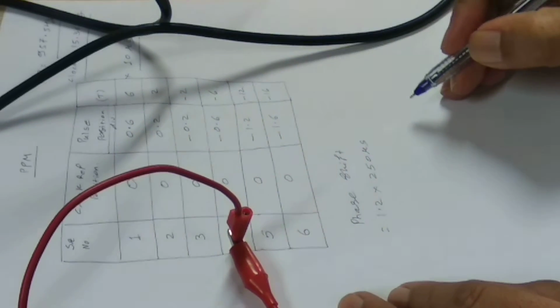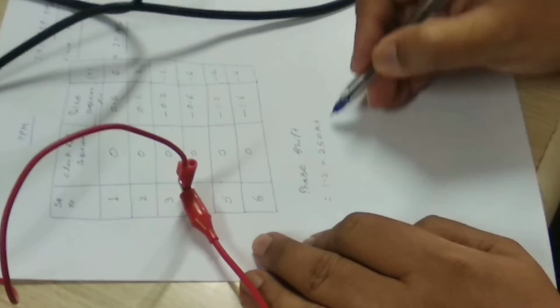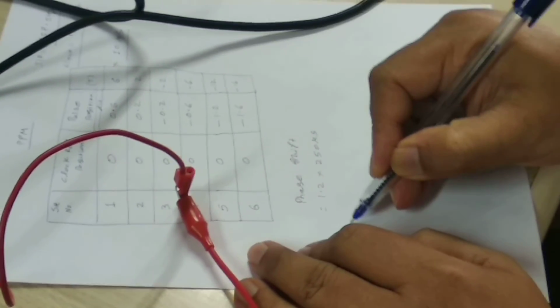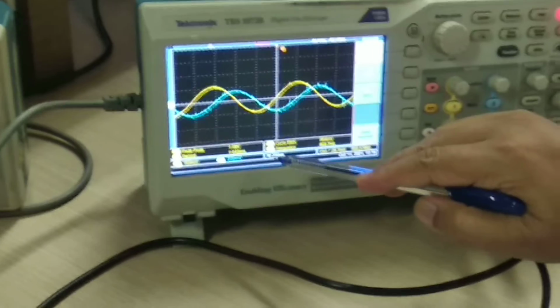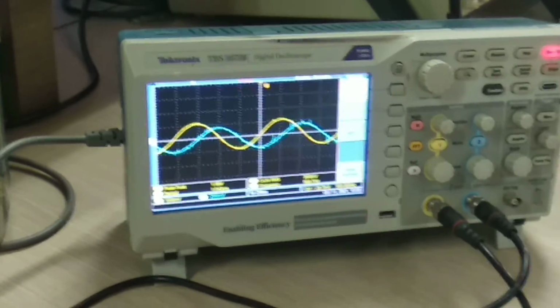This multiplication you can do, and I'll take the total time period, because this is the phase shift, and T is the total time period. The total time period of this is 1.043 millisecond.